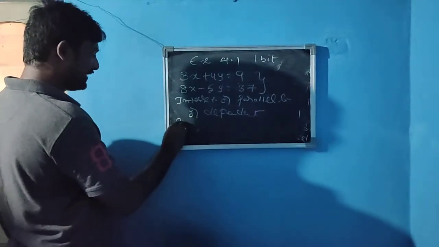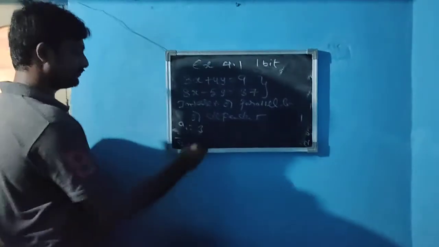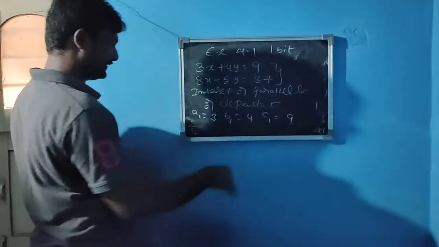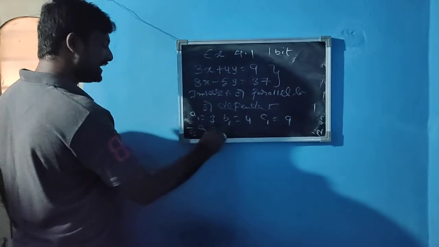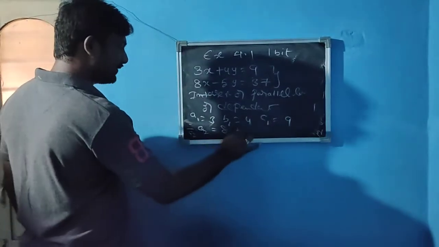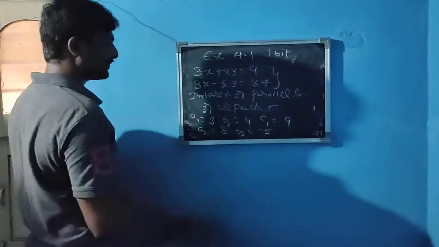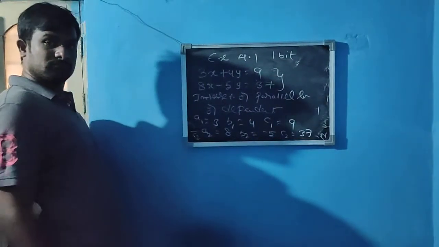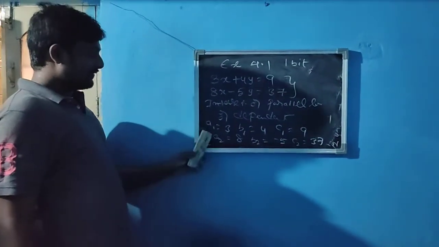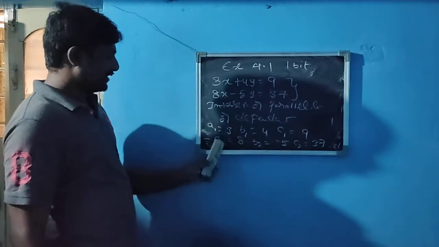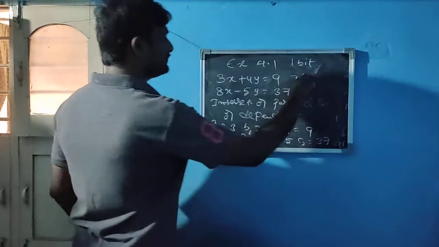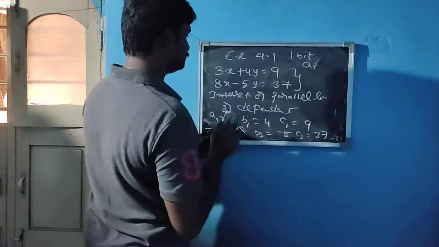First of all, write a1 value 3, b1 value 4, c1 value 9, a2 value 8, b2 value minus 5 and c2 value 37. In this one, first find a1 by a2.